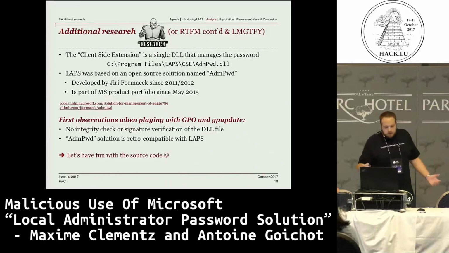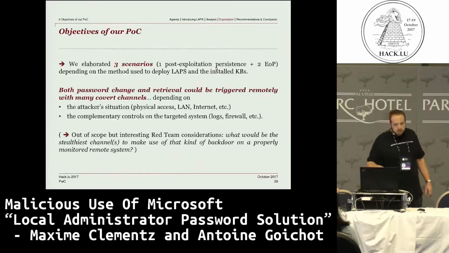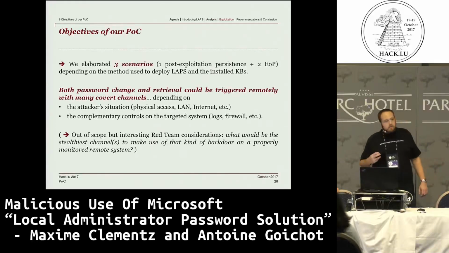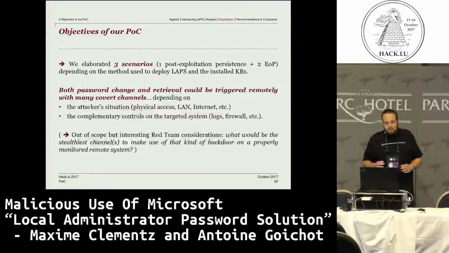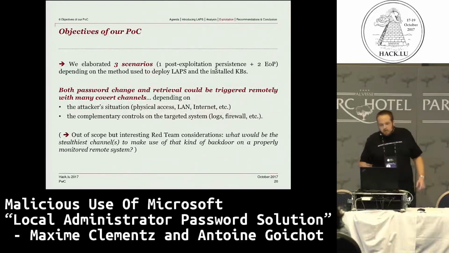So since it's an open source project, we decided to read the code and to exploit it. So we elaborated 3 scenarios: one post-exploitation persistence, and 2 elevations of privileges. For the elevation of privileges, it will depend on how LAPS is deployed and how the machine is patched.